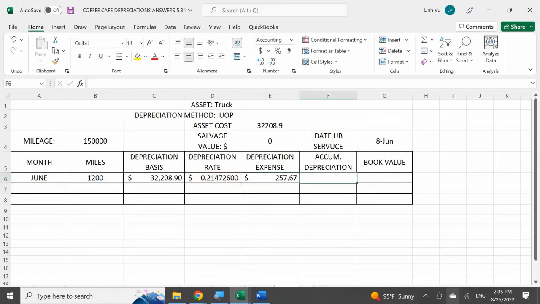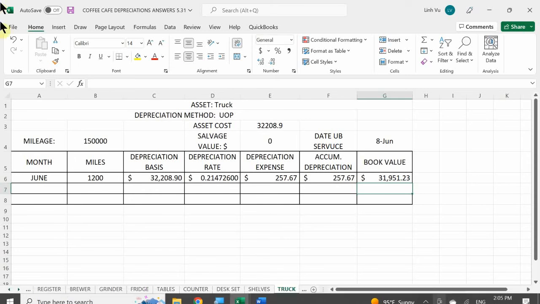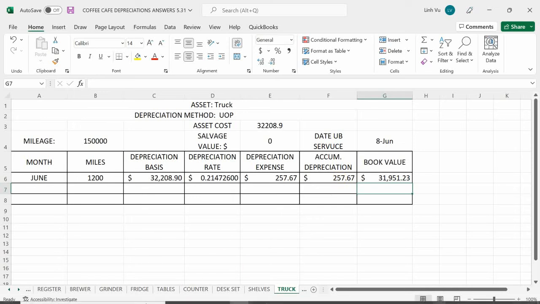Good. And that becomes my accumulated depreciation. So what's my book value going to be? 31,951.23. That means after using it for 1 month, it's now valued at 31,951.23.